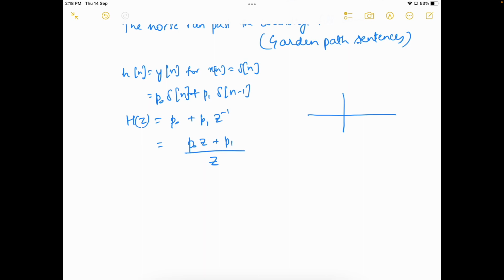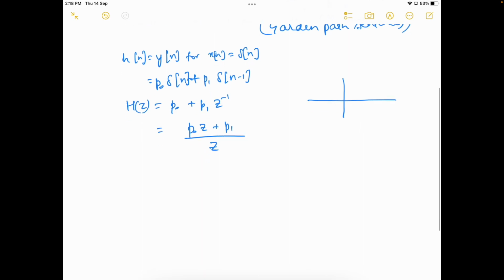Just by defining the poles and zeros, I can define my H of Z if it is in this rational form. So here I have a pole at 0, and a zero at minus P1 upon P naught somewhere. If they are both positive, then something here. Okay, just an extra note of information.